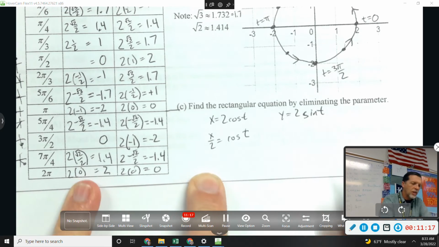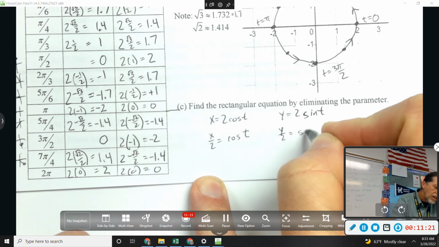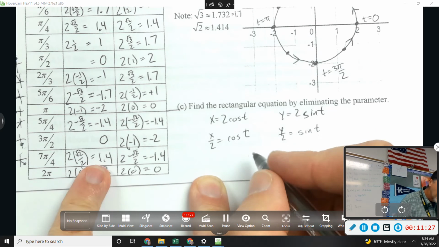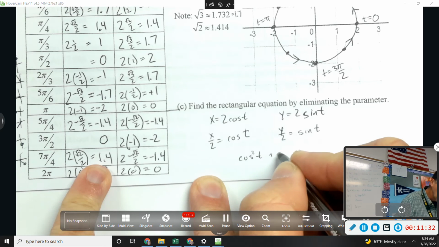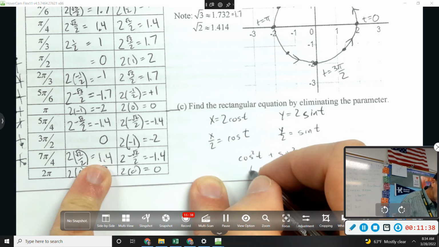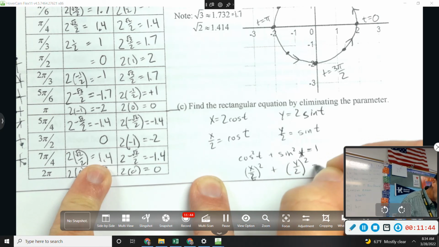So what's the trick for this? What do we know about sine and cosine? The squared thing equals 1. Sine squared plus cosine squared is 1, or cosine squared plus sine squared equals 1. So x over 2 squared plus y over 2 squared equals 1.